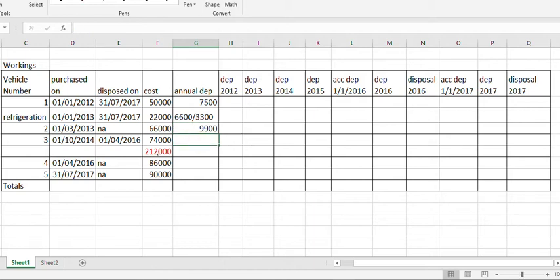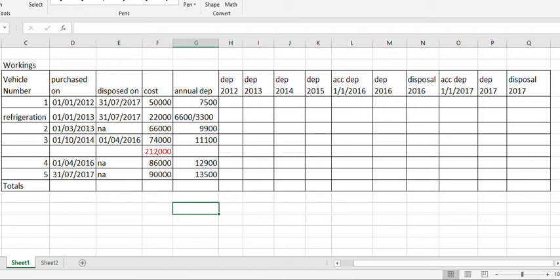For vehicle 3 it's 11,100. For vehicle 4 it's 12,900, and for vehicle 5 it's 13,500. These figures are all 15% of cost. So now, after I've done those first 4 columns, I'll deal with each vehicle individually and the refrigeration unit.